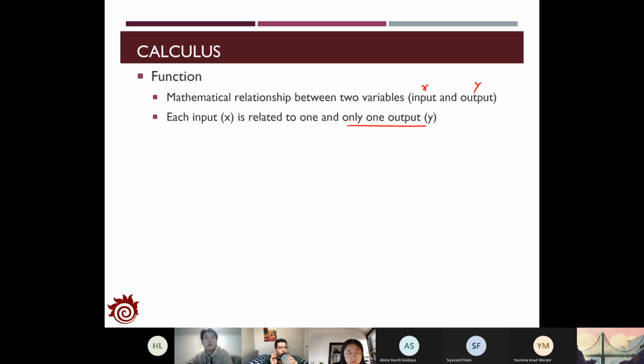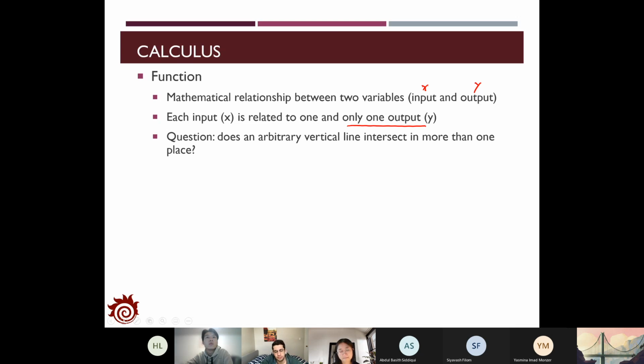And with that, we're going to have questions like, if we are providing an arbitrary vertical line in the xy coordinates, how many points will it intersect with one function? Were you able to get more than one intersection between the vertical line and the function that you propose?